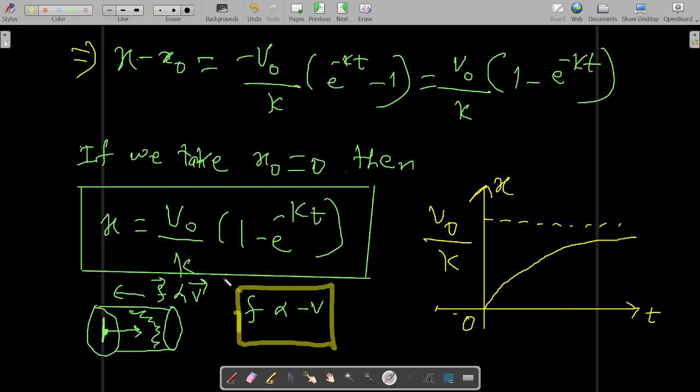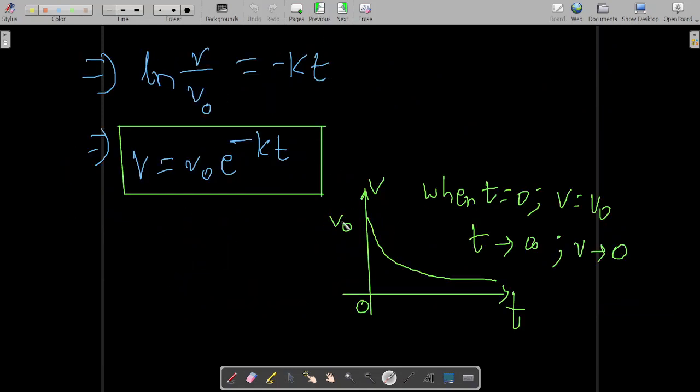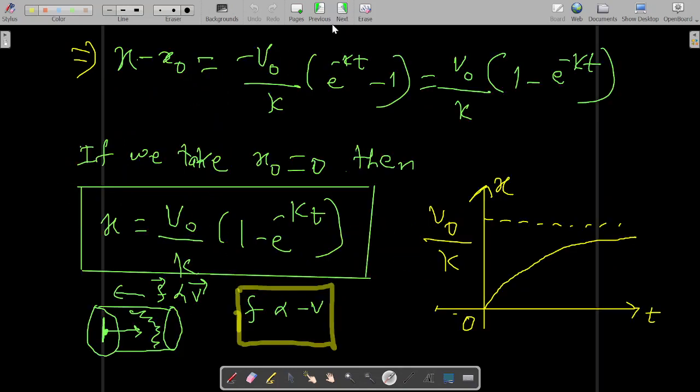But according to this expression, if such a medium is there which strictly follows the rule that resistive force is directly proportional to minus v, then the object will never stop virtually. You can see over here that your v naught will keep on reducing but will never reach 0. It will reach 0 only at infinity, after a very long time, because it is exponential.